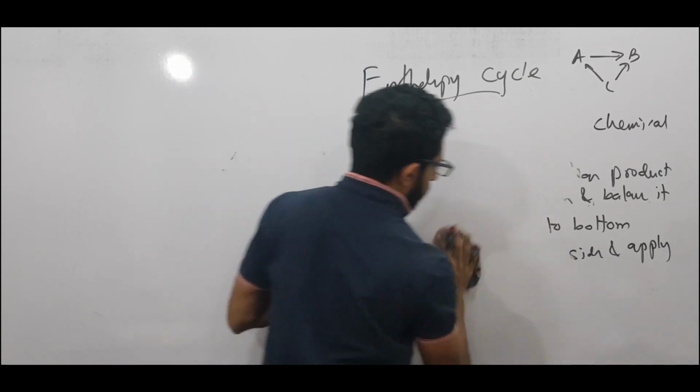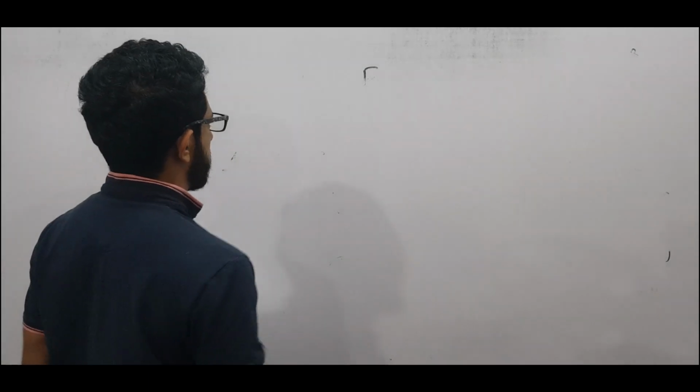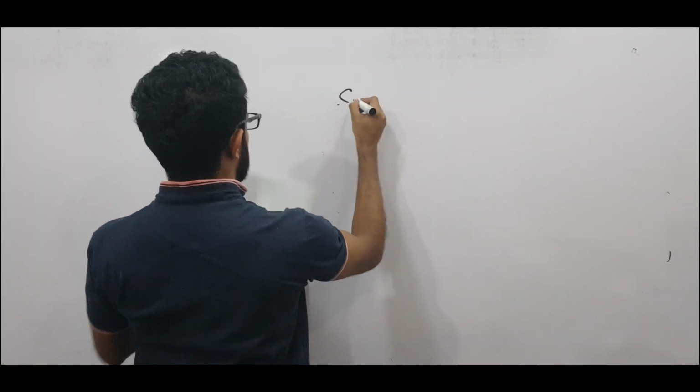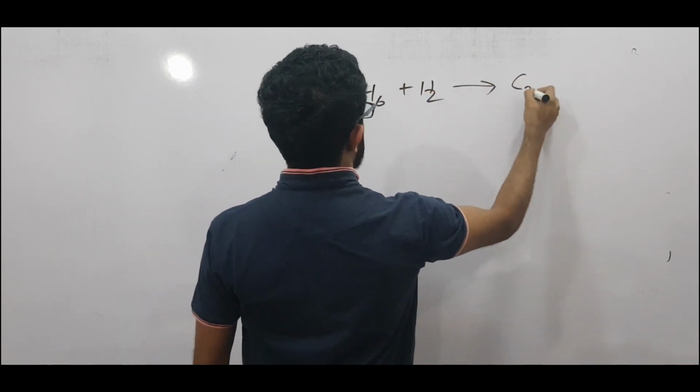So the first example I'm going to do is this one. They are asking to find the enthalpy change of the reaction C3H6 plus hydrogen to produce C3H8.